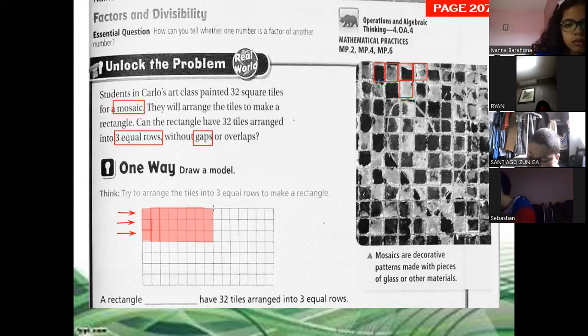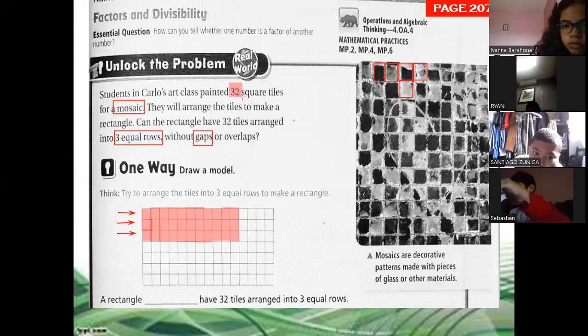Plus 3, 24. Plus 3, 27. 27. Plus 3, 30. 30. Plus 3, 33.